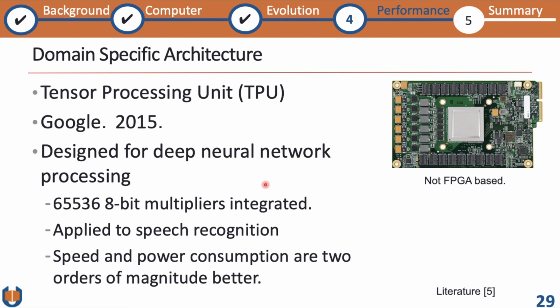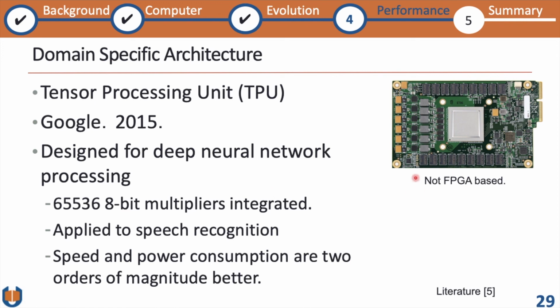And last but not least is domain specific architecture. This is from Google, who developed the TPU, the tensor processing unit, especially designed for deep neural network processing, and there is a huge number of multipliers integrated into this board.